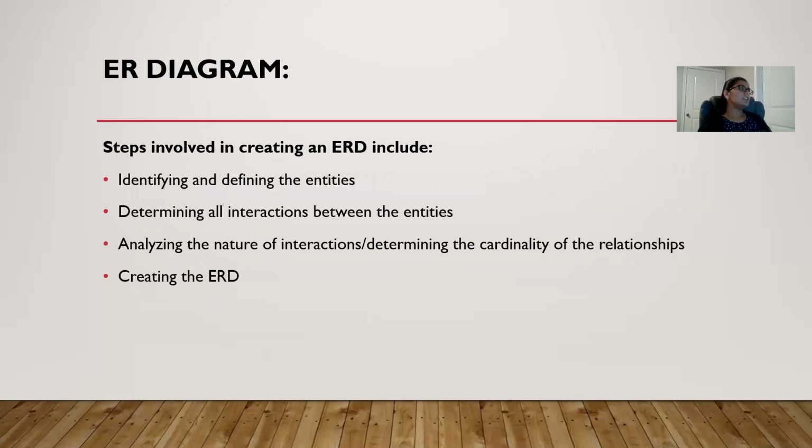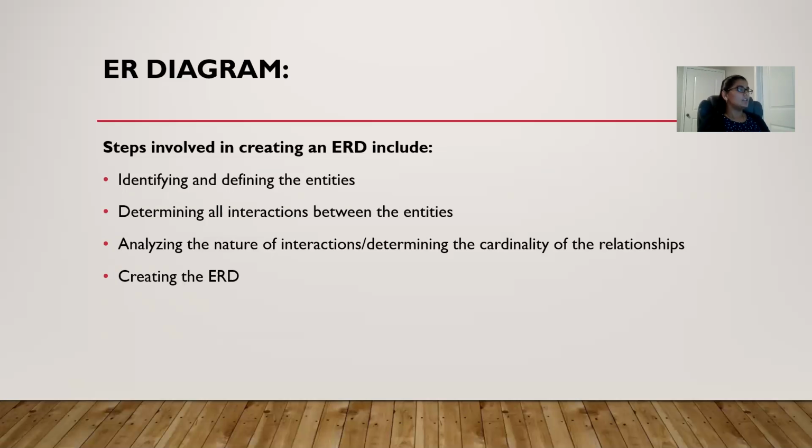So now let's see the steps involved in creating an ER diagram. The first step is to identify and define the entities. That is, when we are creating a database, we first logically design all the tables required to form the database. Then the second step is to determine all the interactions among the entities.